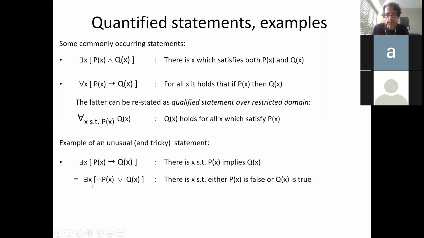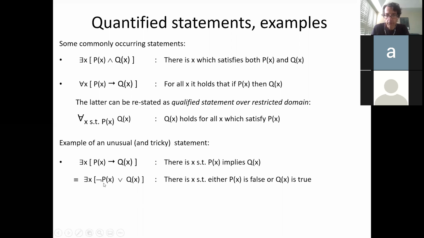So in other words, this statement now is this one. Somebody who said this basically said that there exists an X which either falsifies P or satisfies Q.